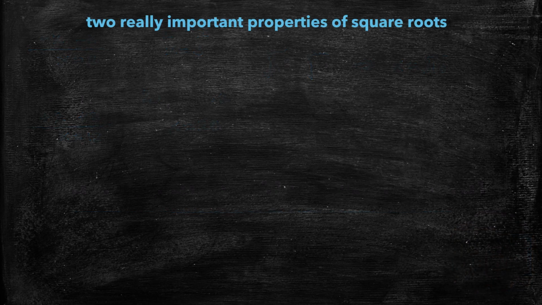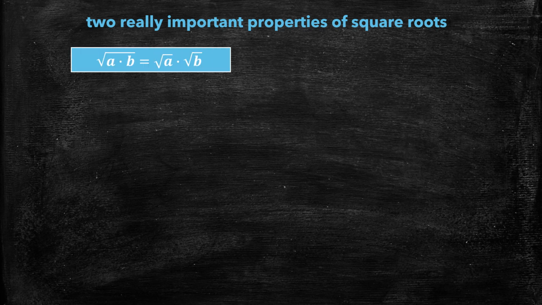Before we get started with the nitty-gritties of operations with square roots, we have to cover 2 very important properties of square roots. We're going to use examples to verify these, and they should be pretty intuitive. Let's pretend that A was 9 and B was 4. We can do order of operations and work that out to be 36, and the square root of 36 is 6.